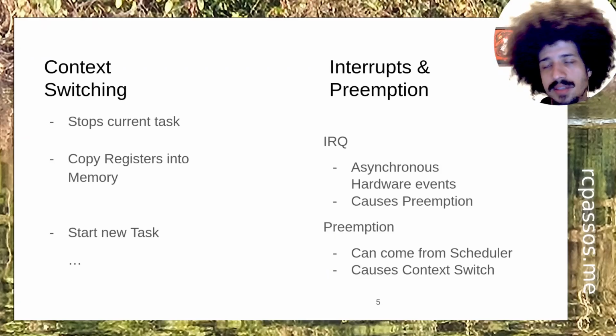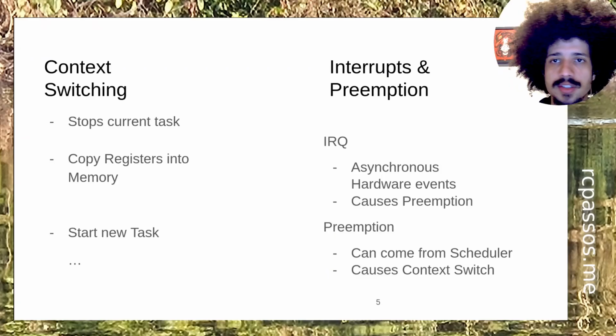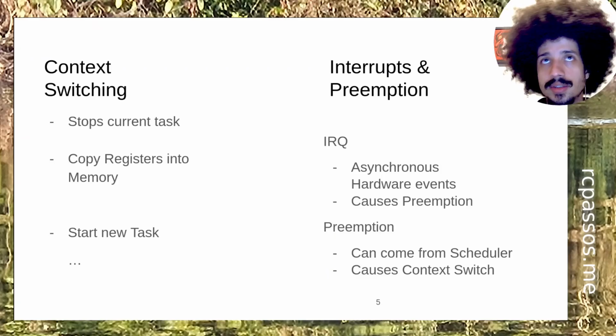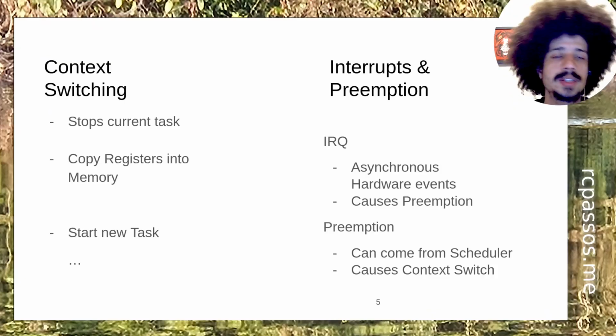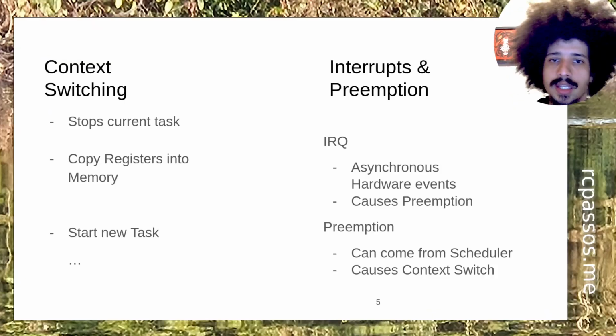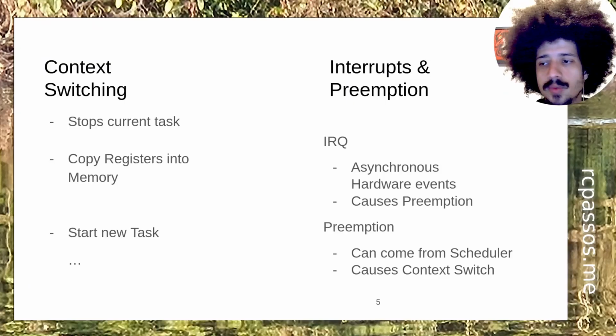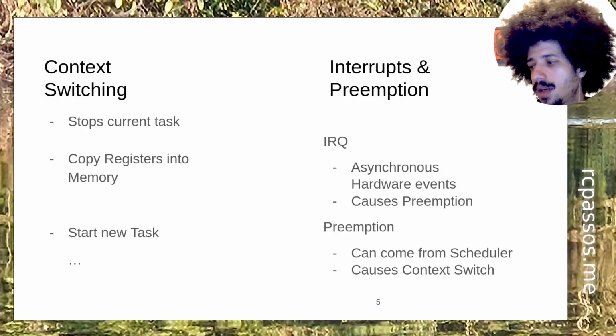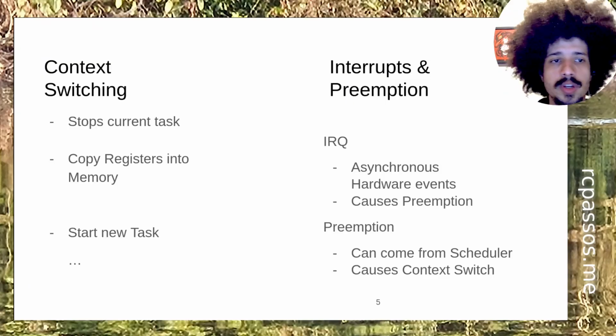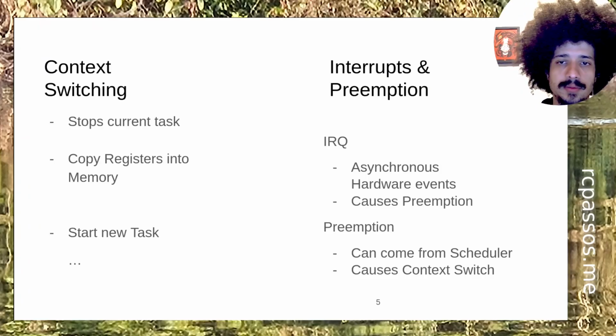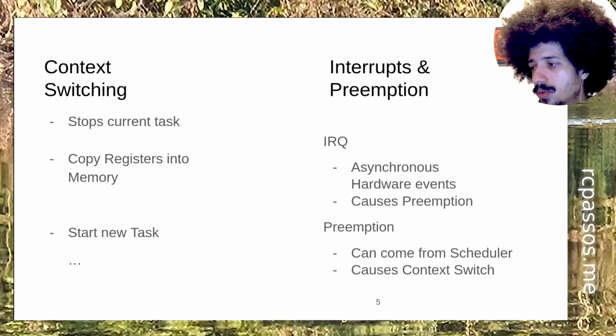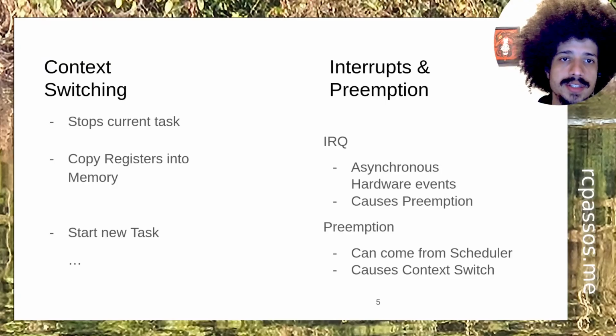The CPU actually needs to copy all these registers into memory and copy all the registers from the new task that's going to execute into the registers themselves so it can run the expected task. And eventually you do the opposite and replace the registers with the old ones. This has a cost. Usually we don't care about this in user space, but in the kernel there are some really sensitive parts that we need to look out for.